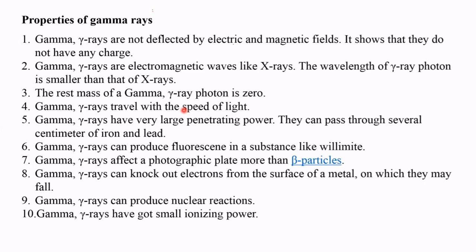Next, gamma rays also travel with the speed of light, because being in the family of light, gamma rays automatically have the same speed as light. Next, gamma rays have very large penetrating power compared with X-rays because of high energy levels, high frequency, and lower wavelength.